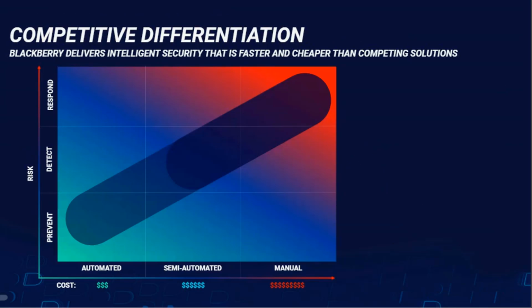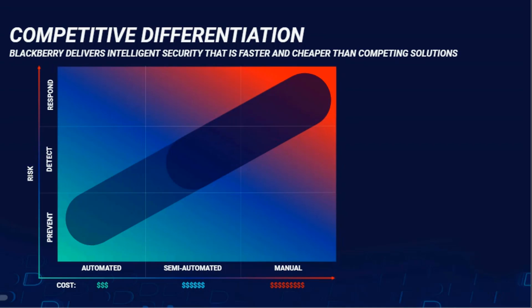So in this chart here, on the x-axis, you have the cost. And the way we classify this is, how are your processes? Are they automated? Are they semi-automated? Are they manual in terms of prevention, detection, and response? So the risk is the lowest on the y-axis if you have that prevention first approach.